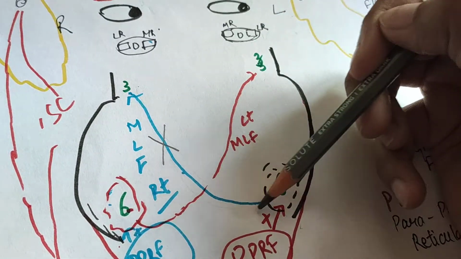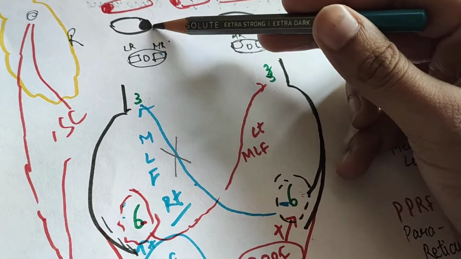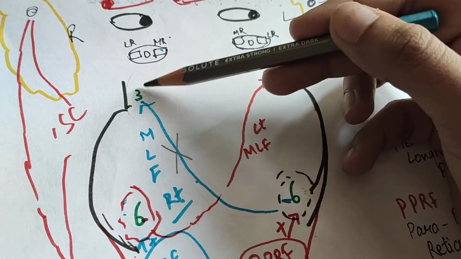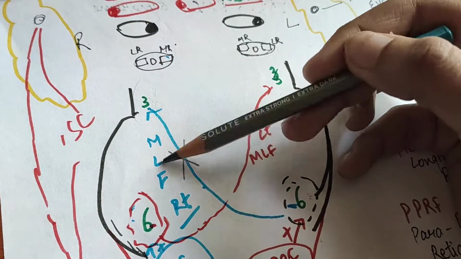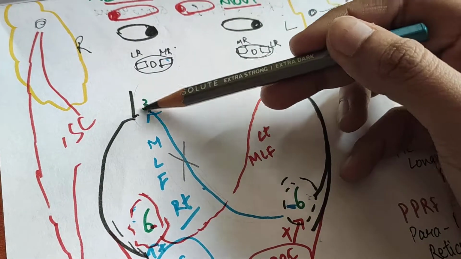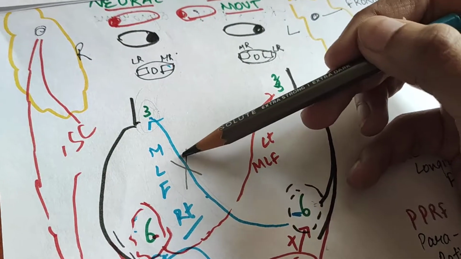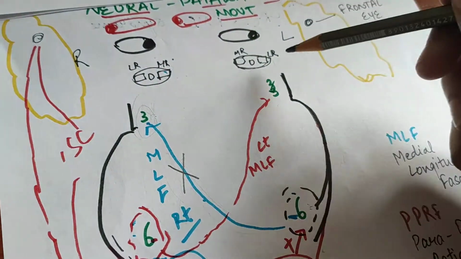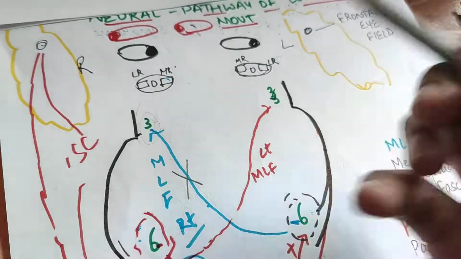This pathway is damaged, so this eye cannot move medially, as it would be supplied by the third, the oculomotor, and the oculomotor supplies the medial rectus. So the medial rectus can't get activation through this nucleus, can't get activated through the MLF because it is damaged. So this right eye cannot adduct. This eye will abduct, move away, but this eye cannot adduct.